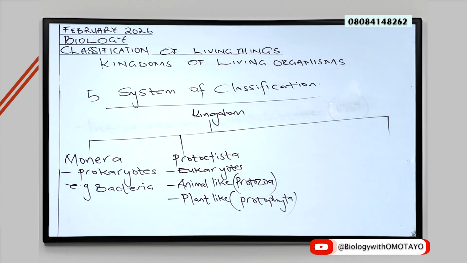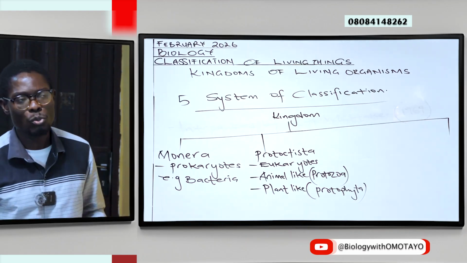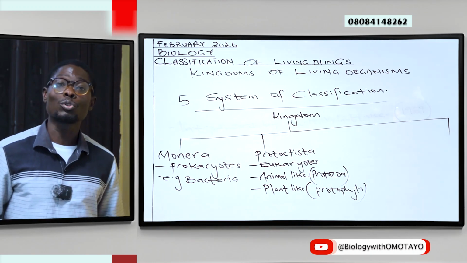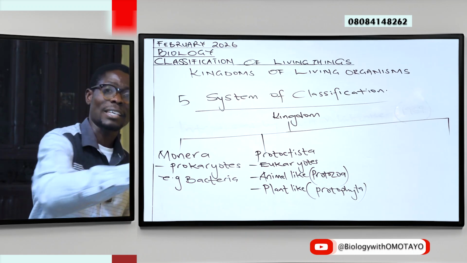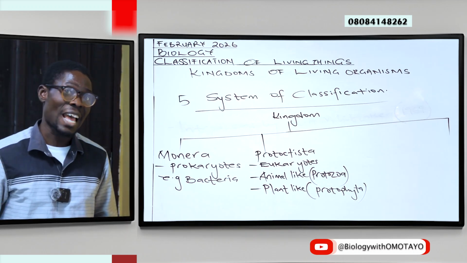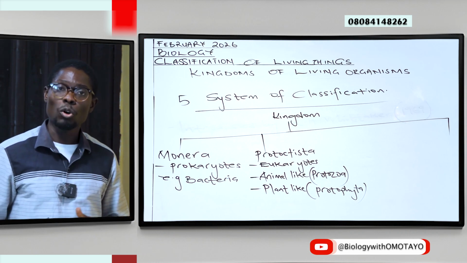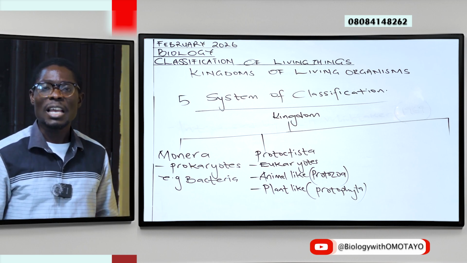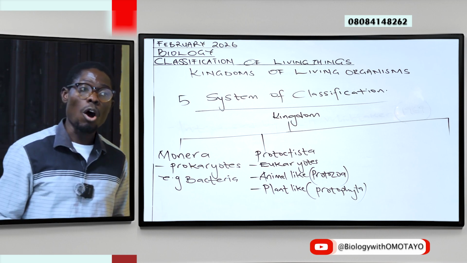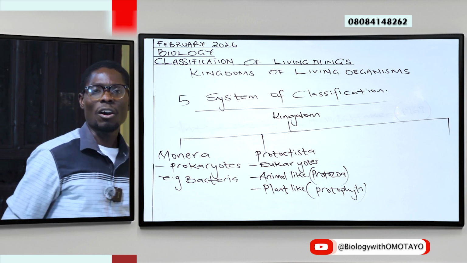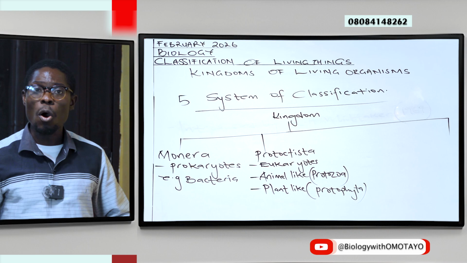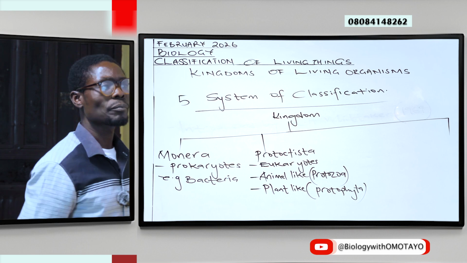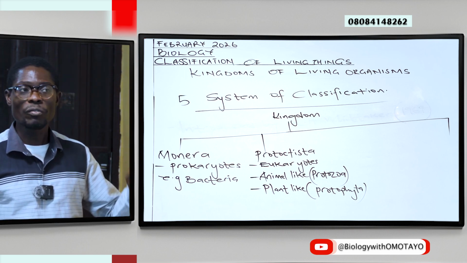So, members of kingdom Protoctista that are animal-like are referred to as Protozoa, and members that are plant-like are referred to as Protophyta. For the animal-like, we have organisms such as the trypanosome, the plasmodium, the paramecium, the amoeba. These, among several others, were grouped under Protozoa, while organisms like the euglena that are more plant-like were grouped under the Protophyta. So we've examined two of the five kingdoms.